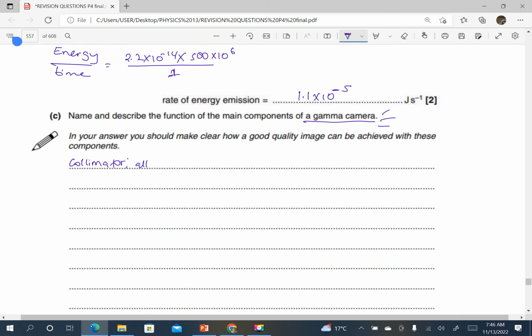So the collimator allows unidirectional gamma ray photons to travel along the axis of lead tubes.